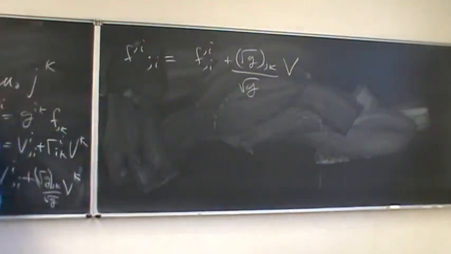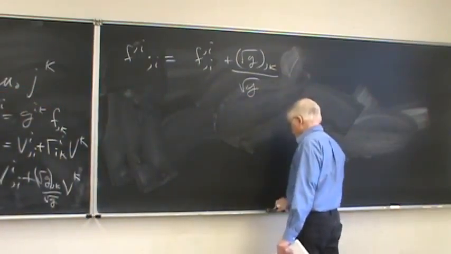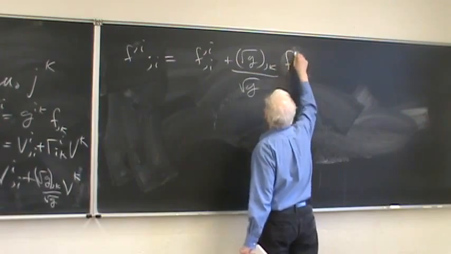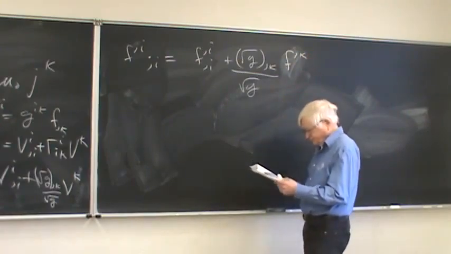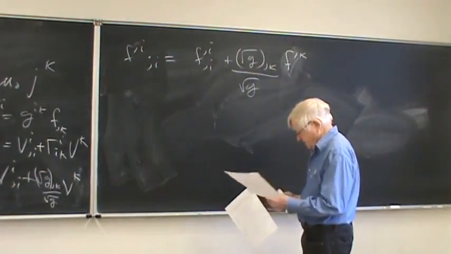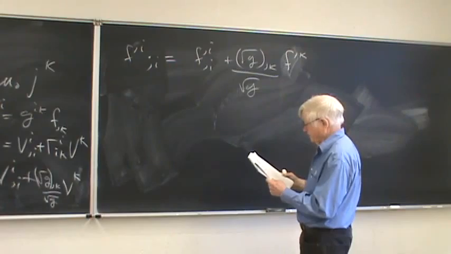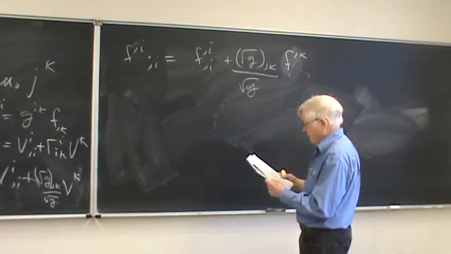All right, hold on, I need to get an eraser. F comma k. So that would be the general structure there.